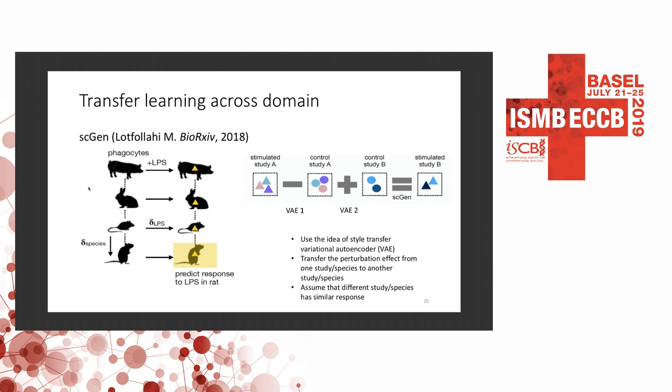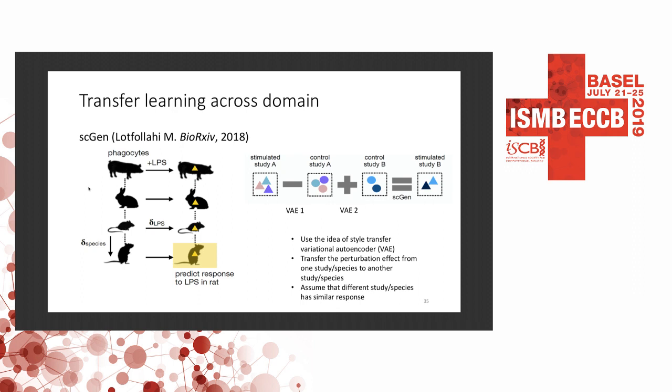And this scGen, they are doing a very interesting thing, but that's also a hard problem. For example, these are different species. These are control and these are after you stimulate. Here they're just using rat and mice, but you can imagine they have it on the animals, and then human. You can do experiments on mice, but it's hard for you to do experiments on human.